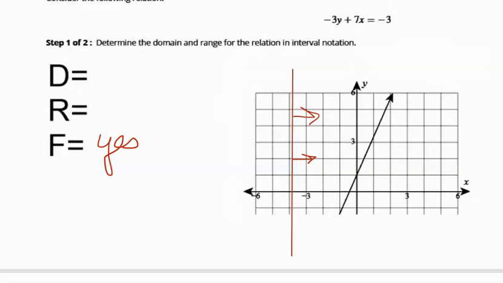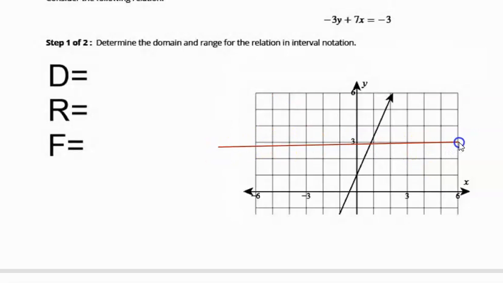And just to review, all negative slope graphs would be a function. Another review item. All horizontal lines would be a function. And the only one that is not a function would be the vertical line.